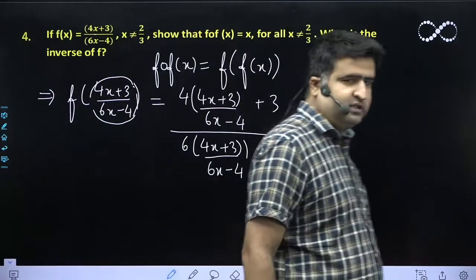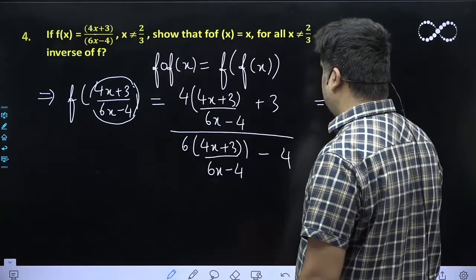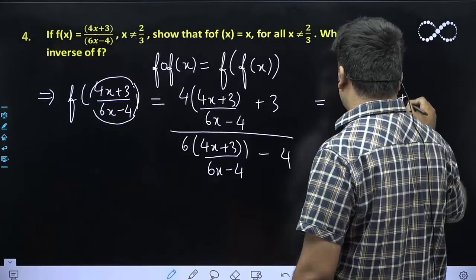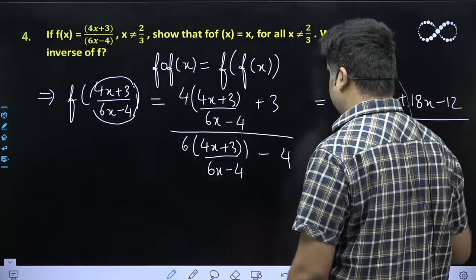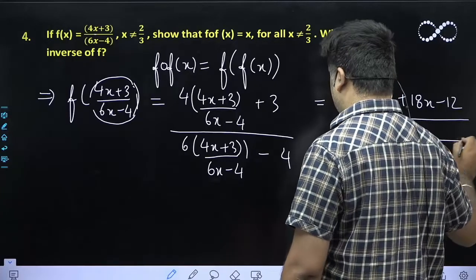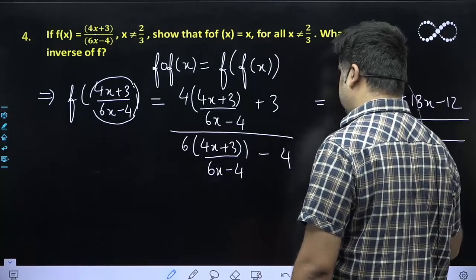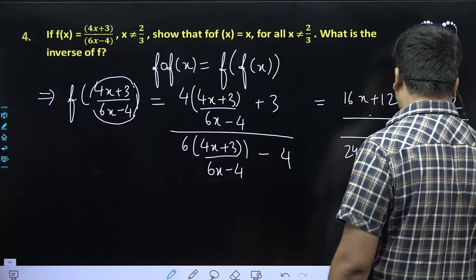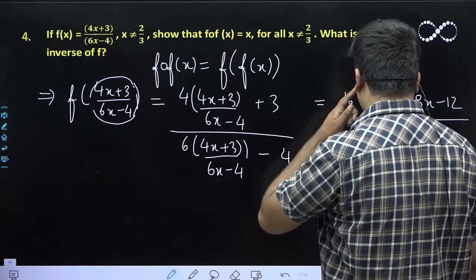So now you have to solve this whole equation. Okay, we take LCM, we get 16x plus 12 plus 18x minus 12 upon 6x minus 4 upon 24x plus 18 minus 24x minus 16. So this is what we are getting.